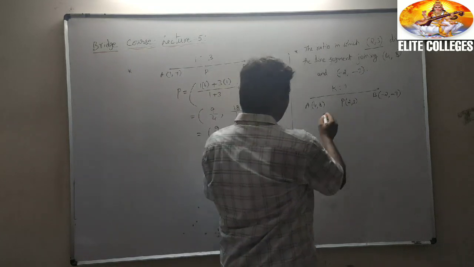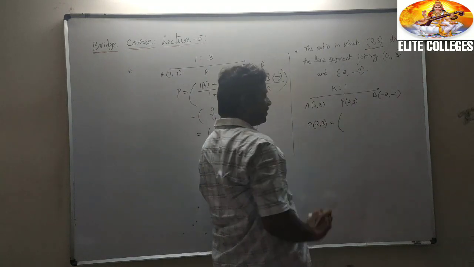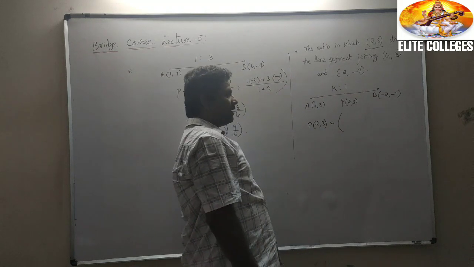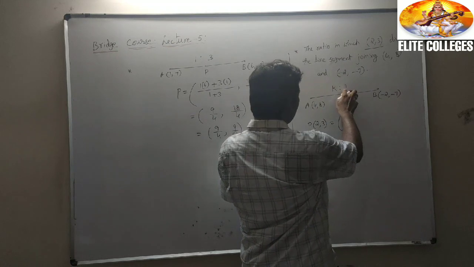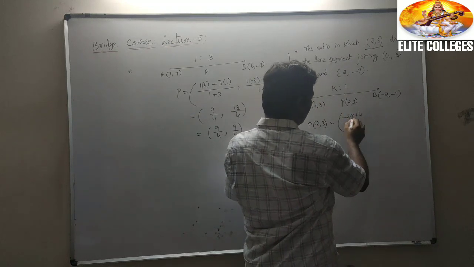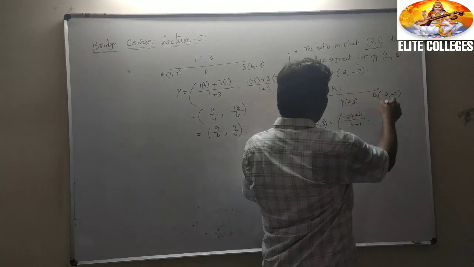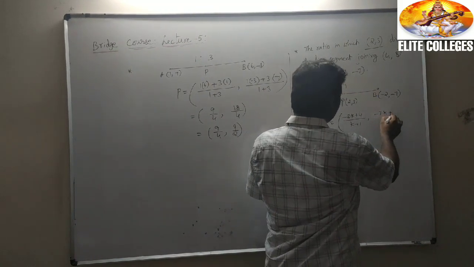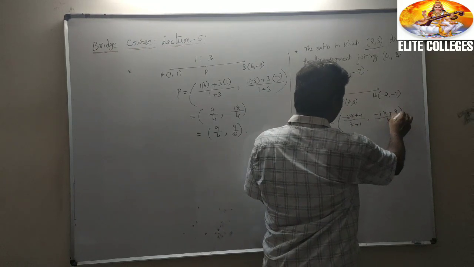So what is the P point? P of 2 comma 3 equal to, write the formula, (mx2 plus nx1): k into minus 2 plus 1 into 4, that is minus 2k plus 4, by k plus 1, comma k into minus 7 plus 1 into 8, that is minus 7k plus 8, by k plus 1.